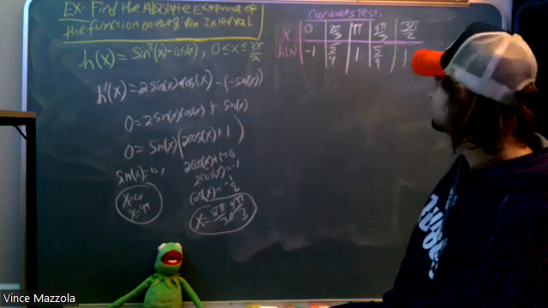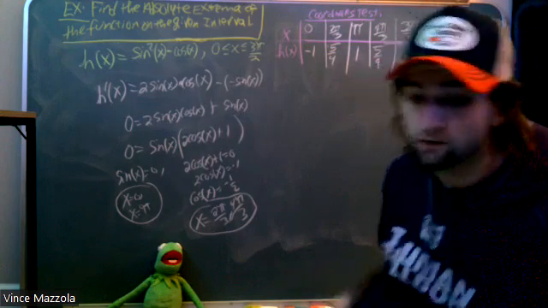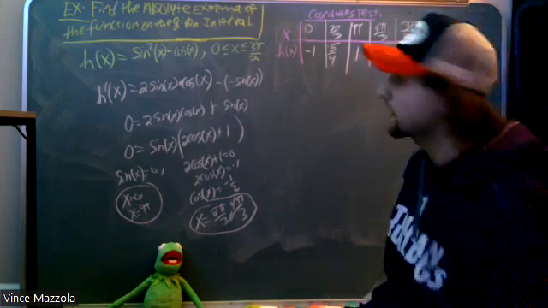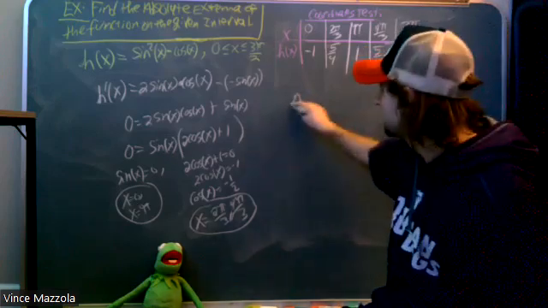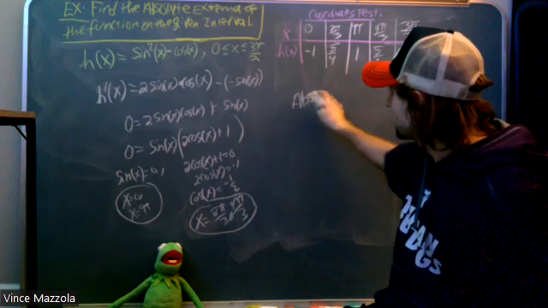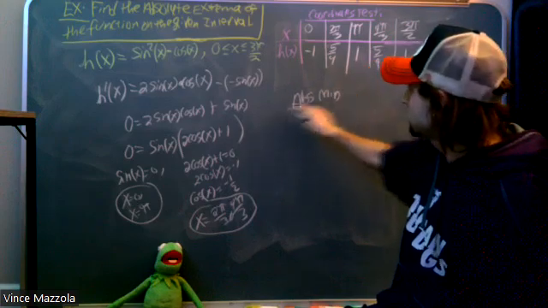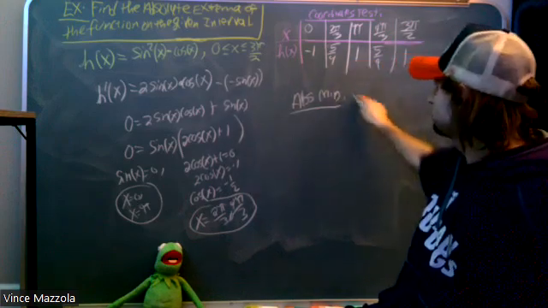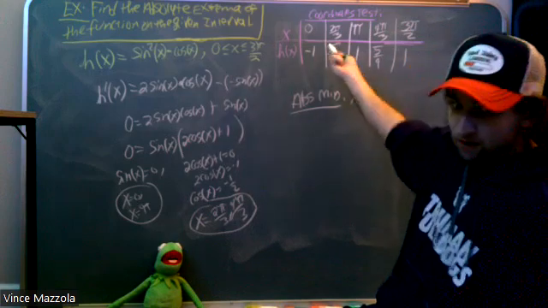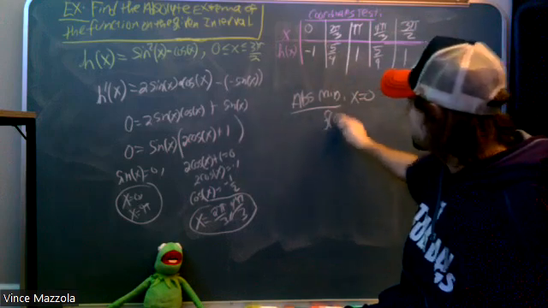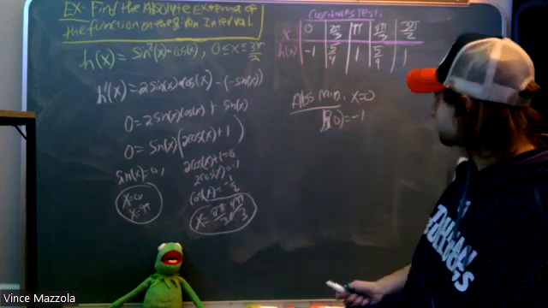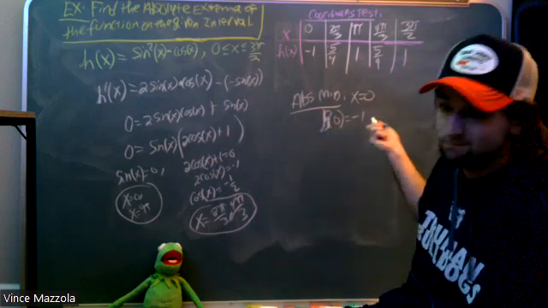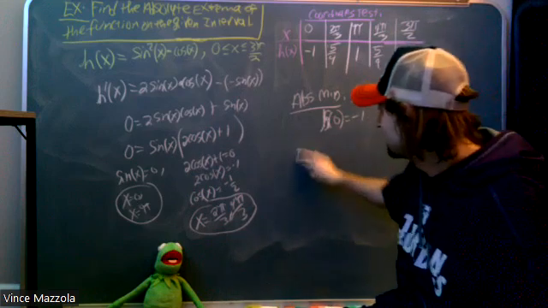So there we go. Now we need to look for our absolute max and our absolute min. I don't think it's a shocker. Correct me if I'm wrong. Your absolute min is at x equals 0 because you got a negative value. And we already know h of 0 is -1. So that's your absolute min, the absolute minimum it can go.